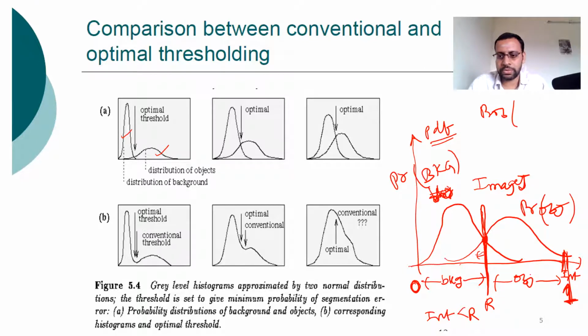Sir, we can call it the integration of the object curve from 0 to R divided by the integration of the image curve from 0 to R. No. Any other thought?